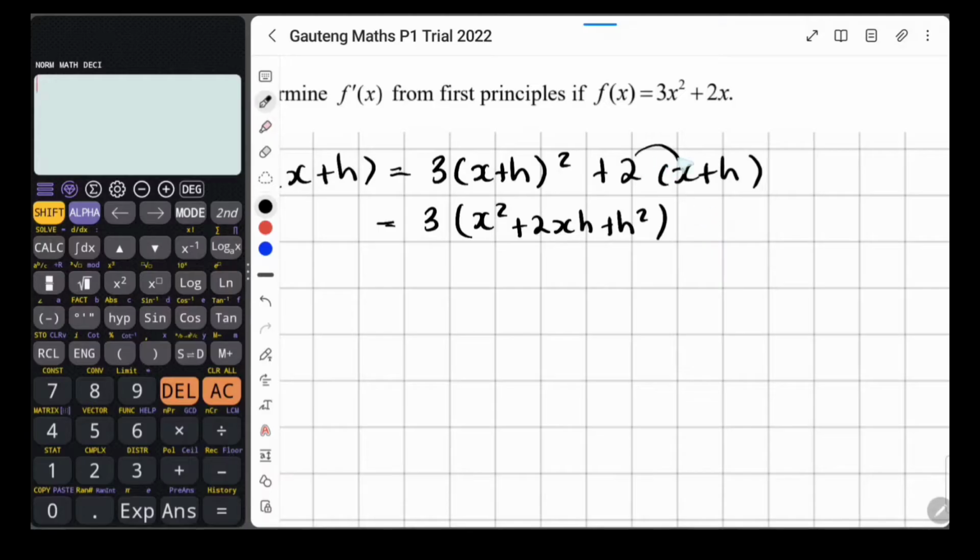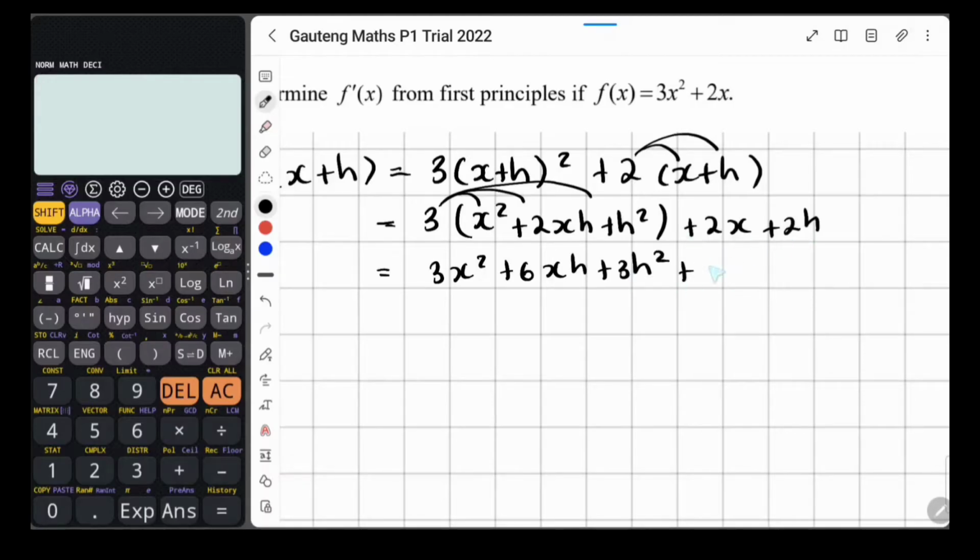Close bracket, we can multiply this in already, so we have plus 2x plus 2h is equal to, then we're also going to FOIL this in as well, so we have 3x squared plus 6xh, and lastly plus 3h squared, and all of this just follows.